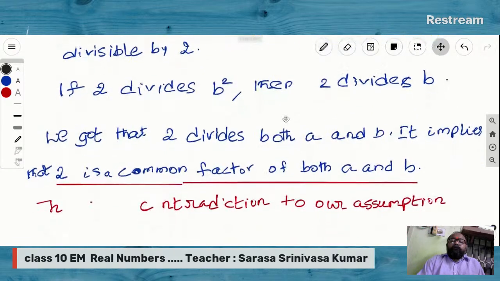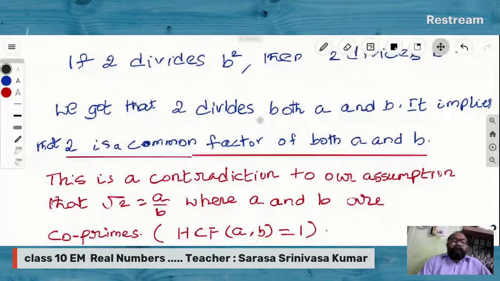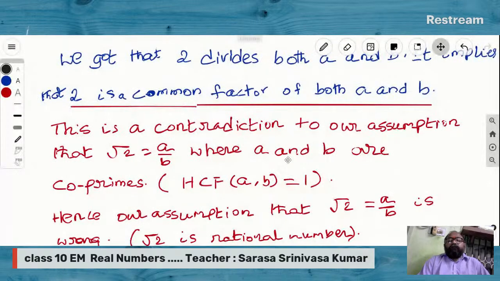Now, we got that 2 divides a and 2 divides b. That means 2 divides both a and b. It implies that 2 is a common factor of both a and b. This is a contradiction to our assumption that a and b are co-primes.